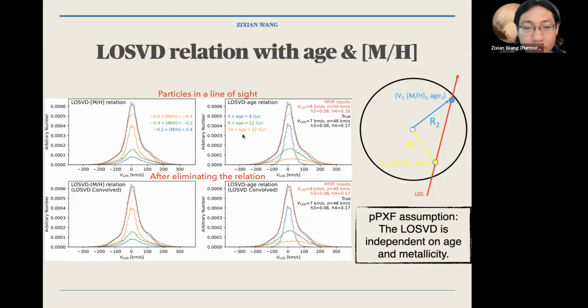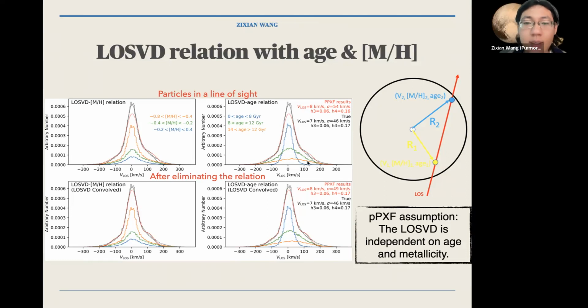I also separate my particles into three age groups and plot each velocity distribution. What you find is that the young group has a pretty narrow velocity distribution, and for the older one, the width is larger.